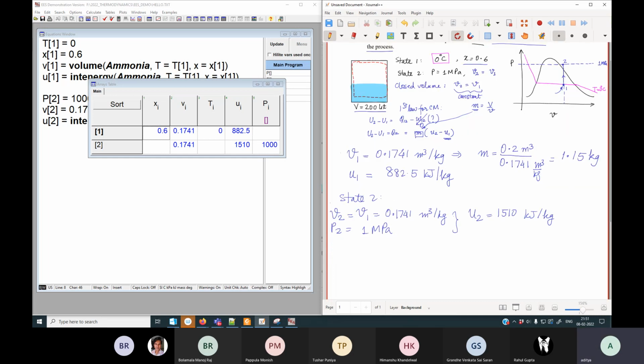So finally, I'm able to find out the total heat transfer, which is mass, that is 1.148, times 1510 minus 882.5. Using my trusty old calculator, this comes out to be 720.37 kilojoule.